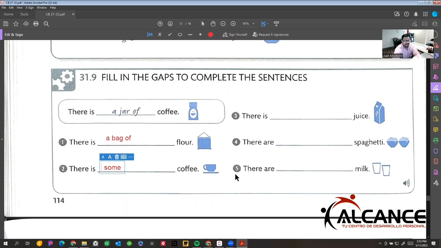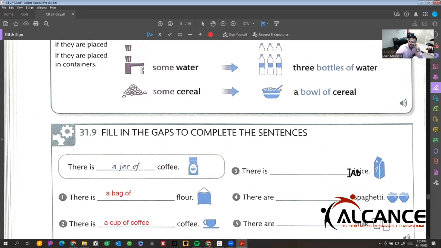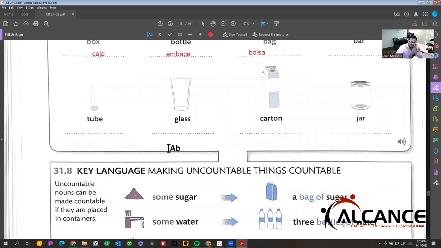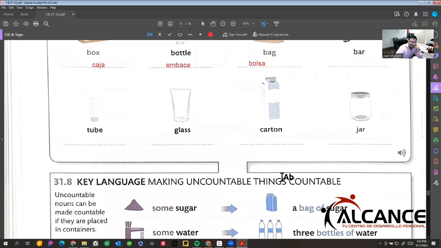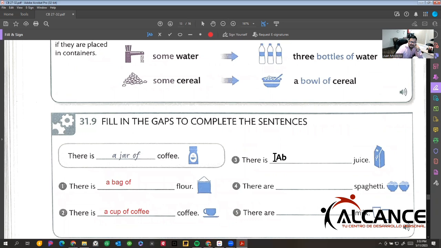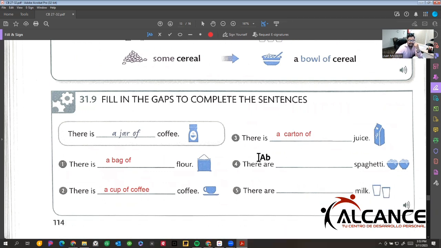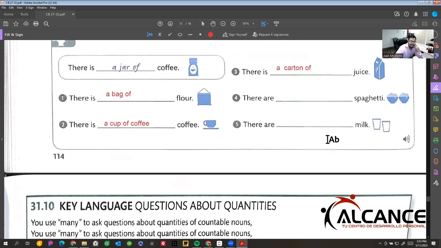No. There is a cup of coffee porque ya está separado, right? There is a carton, right? There is a carton of juice. Y ya ustedes hacen las demás. Same thing, same principle. Fácil.